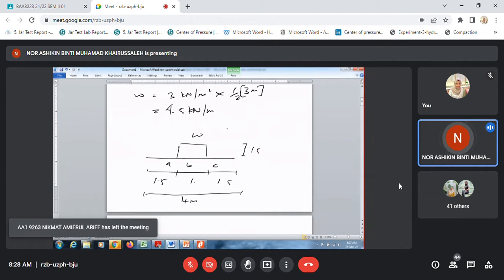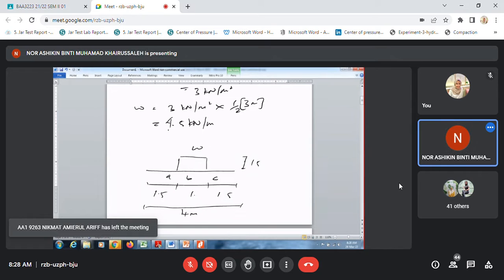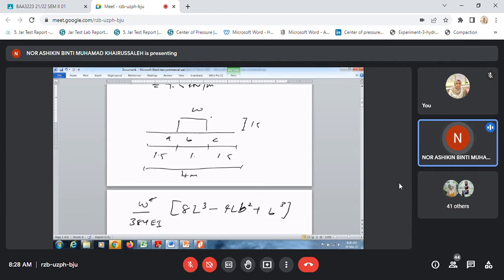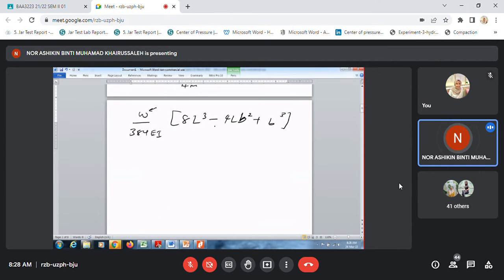And then the formula we'll be using is W over 384EI, times the bracket of 8L cubed minus 4L, LB squared plus B cubed. Okay, so change this first to the kilonewton. We know that W here is 4.5 kilonewton per meter.